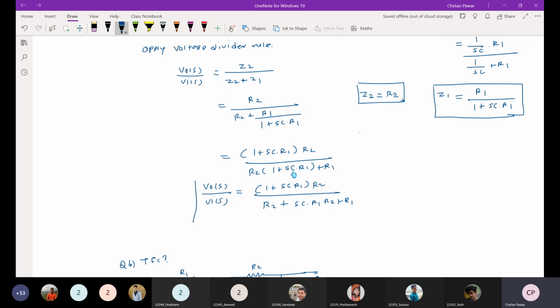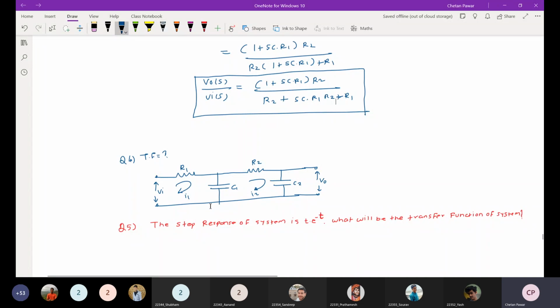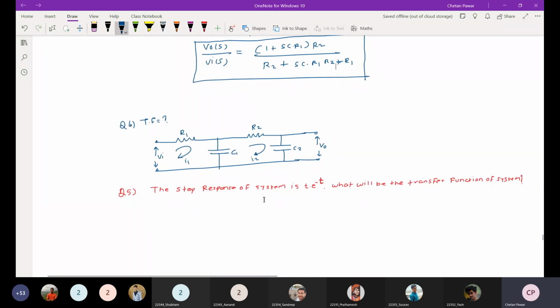We will see what is meant by time constant form and others. For the time being, just see it. We need to represent the equation in terms of time constant form; we will see that later. Here you just need to know how to find the particular transfer function. You can take this fourth example as a homework problem and solve it.